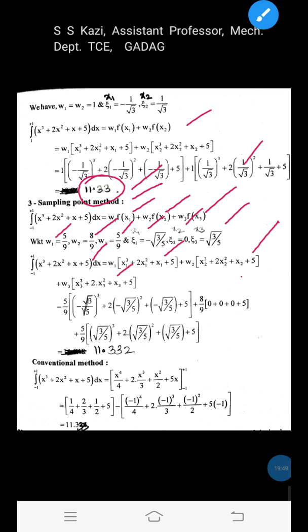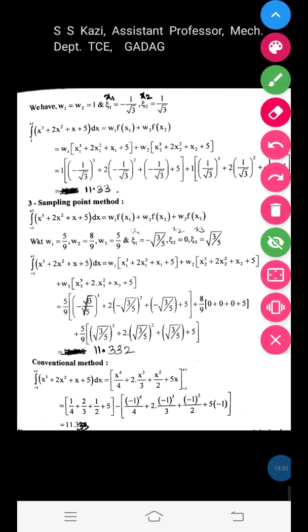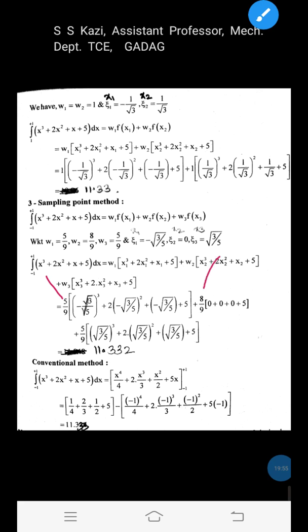After that, substitute the values of w1, w2, w3 as 5 by 9, 8 by 9, 5 by 9, and x1 as minus root 3 by 5, x2 as 0 and x3 as plus root 3 by 5.